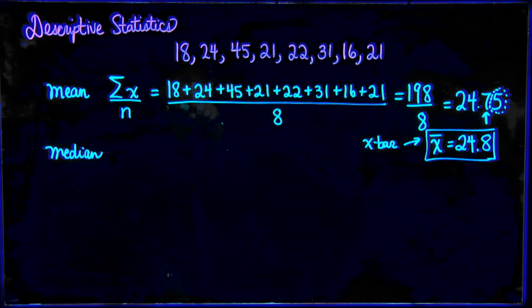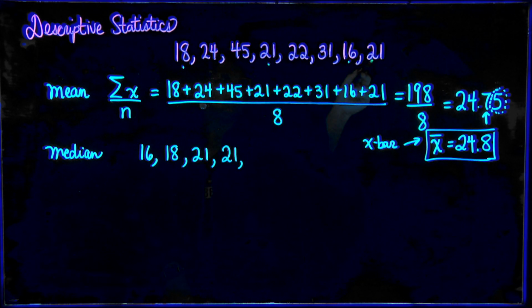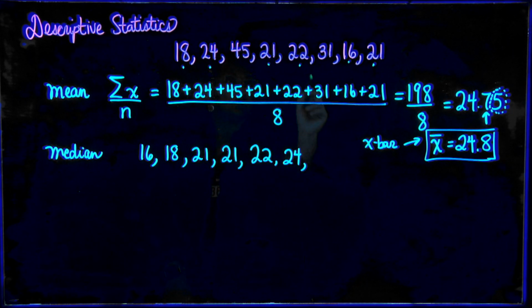So let's write the data set out in order from smallest to largest. So we would have 16, and I like to do a little dot so that I know that I've gotten everything on my list. 18, 21, 21, 22, 24, 31, and 45.